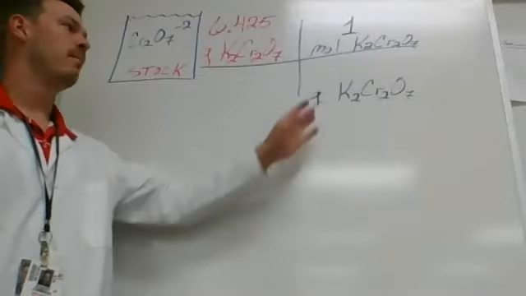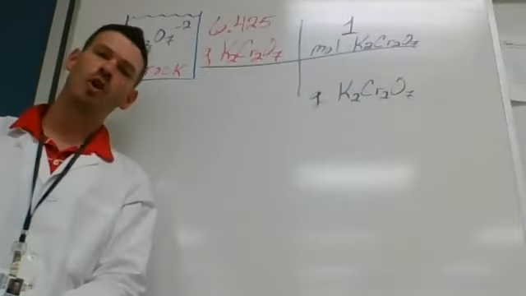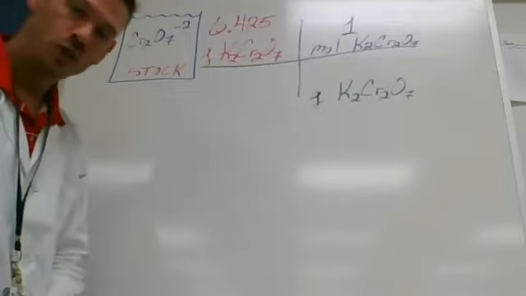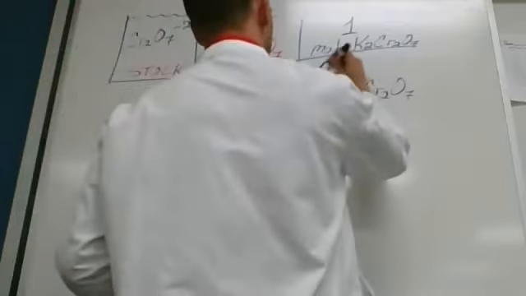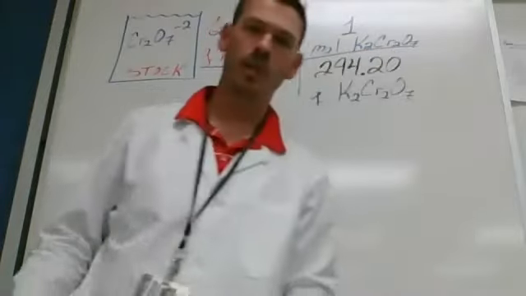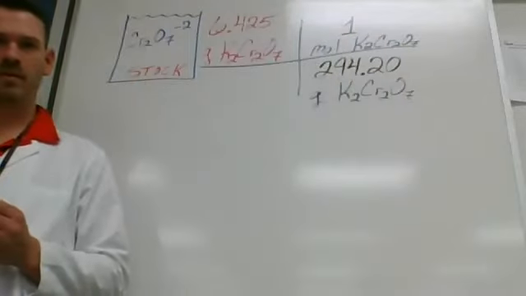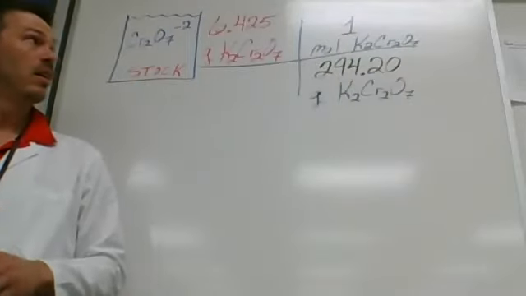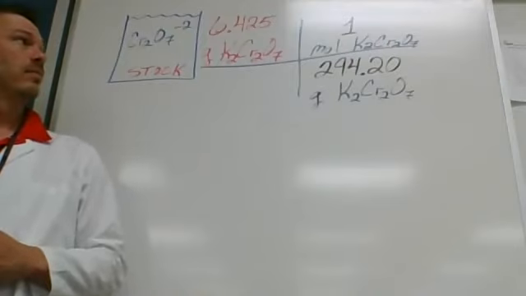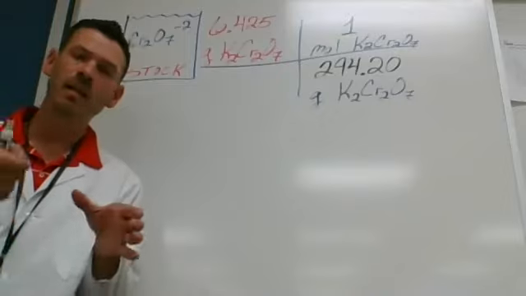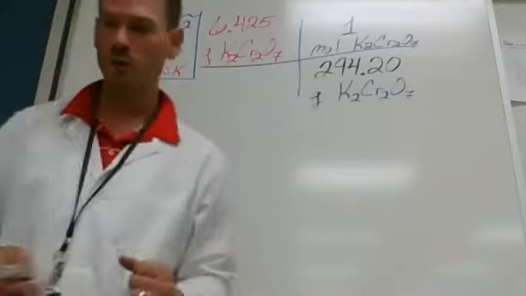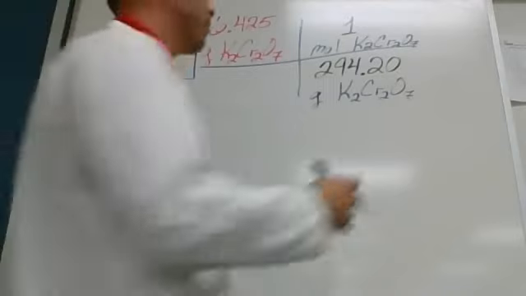Therefore, we need the molar mass of 2 potassiums, 2 chromiums, and 7 oxygens. It's 294.2. Isn't it nice when I just do that part for you? And this is simply going to tell me how many moles I put into that stock solution based on the grams I measured out. So if we run it, I get 0.02184.